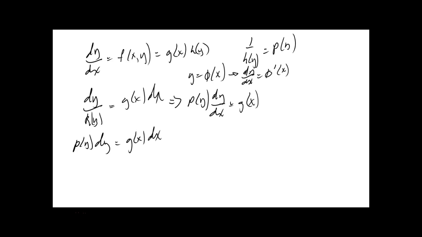Now, if you substitute y equals phi of x, then this has you that p of phi of x times dy/dx, which is phi prime of x from here, is equal to g of x.